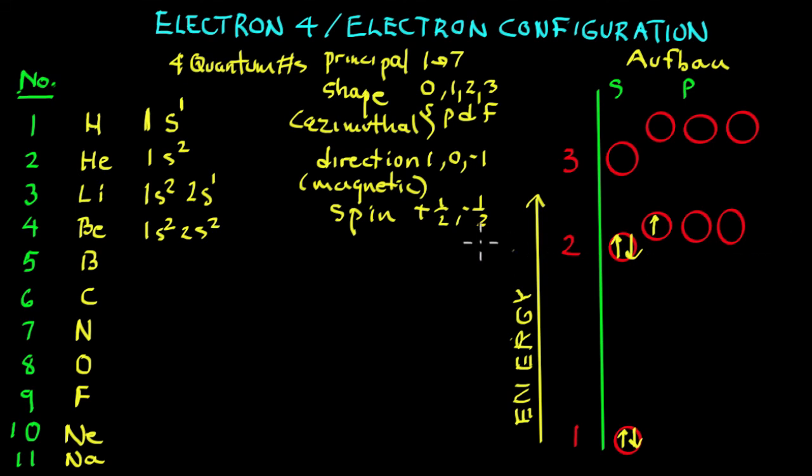Okay, so this would be 1s2, 2s2, 2p1. That means a p orbital, 1 electron. Now the next electron, instead of going here, it's lower, greater stability of the electron parallel spin. It goes basically 90 degrees away in another p orbital.